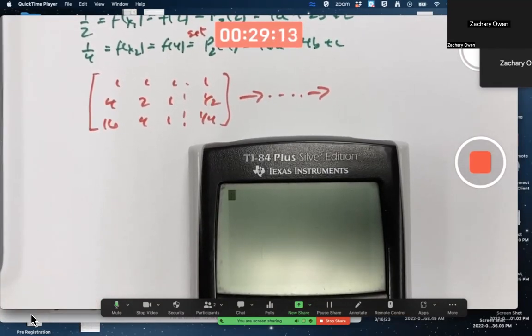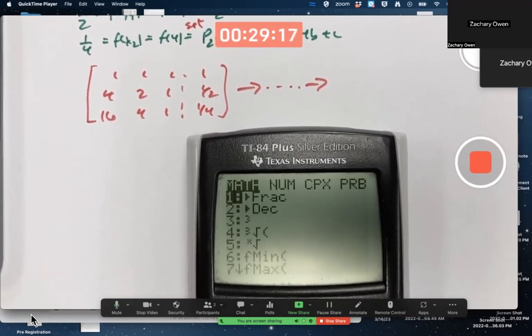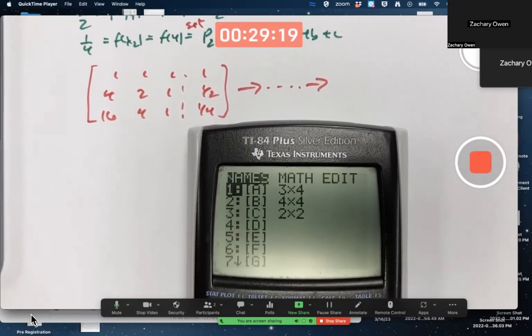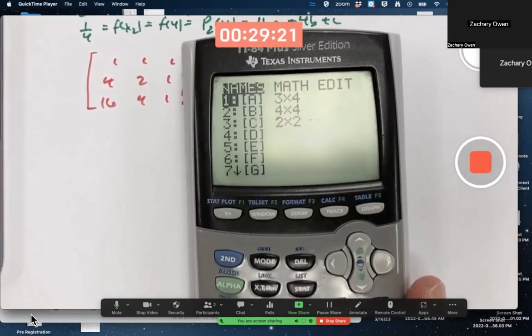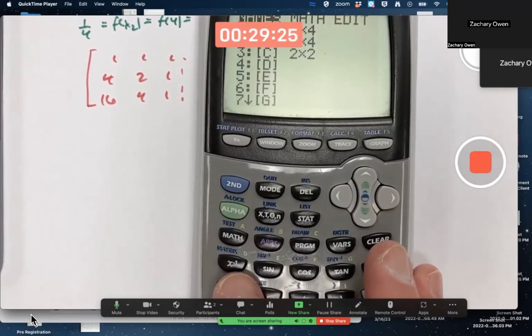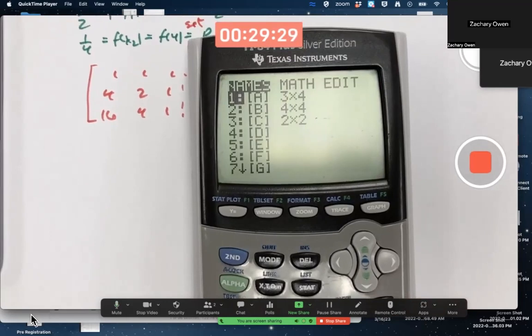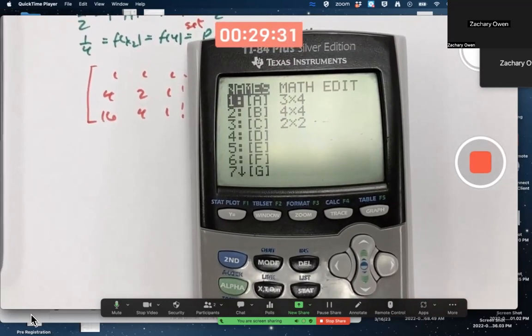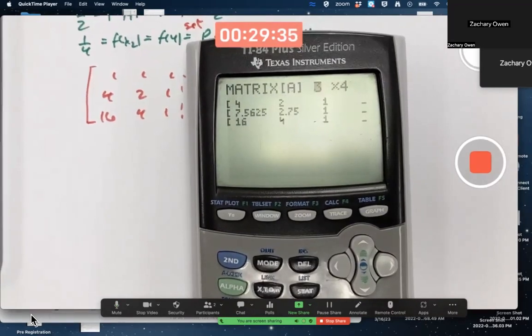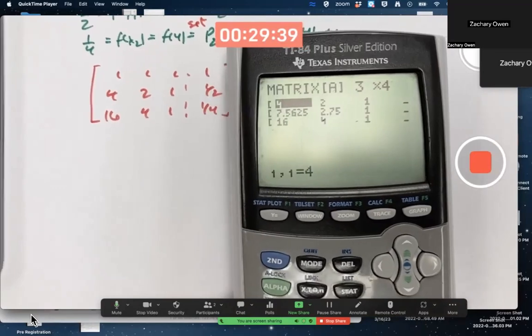So in the calculator, we go into, what is it? I'm forgetting, math mode? No, matrix mode. There it is. Matrix on this kind of calculator is above the x to the -1 power, right there. The 3x4 matrix, I need to edit it. It's an augmented matrix.